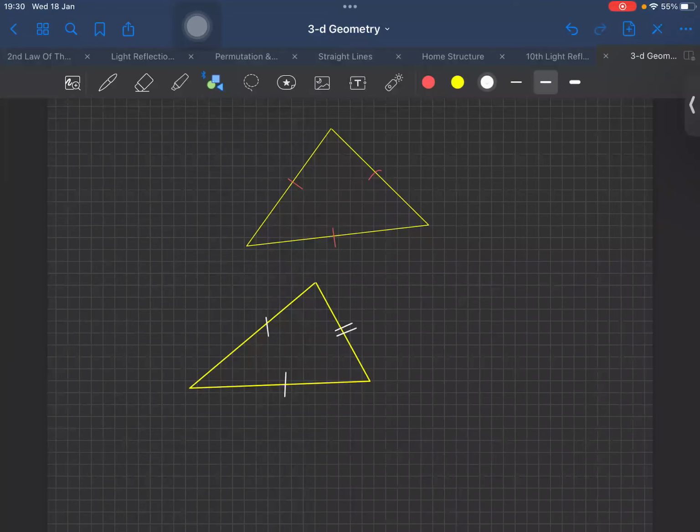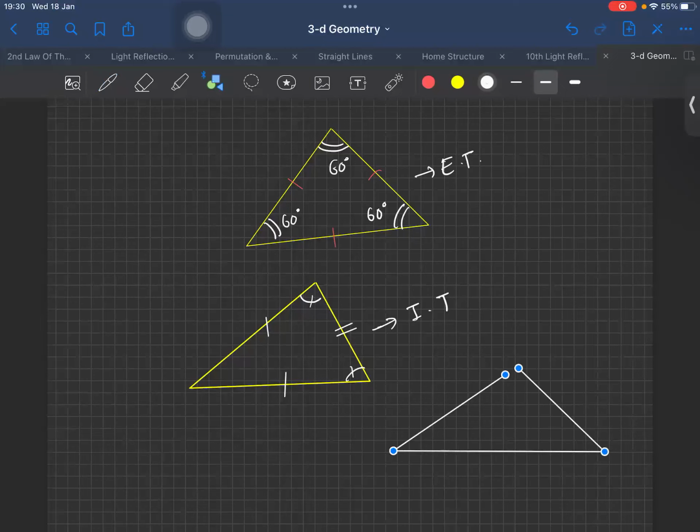If two sides are equal, then the angles opposite them will also be equal. Here in the equilateral triangle all three angles are equal and they are 60 degrees. So this is your equilateral triangle, and this is your isosceles triangle. And what's the third type of triangle, in which all sides are different?